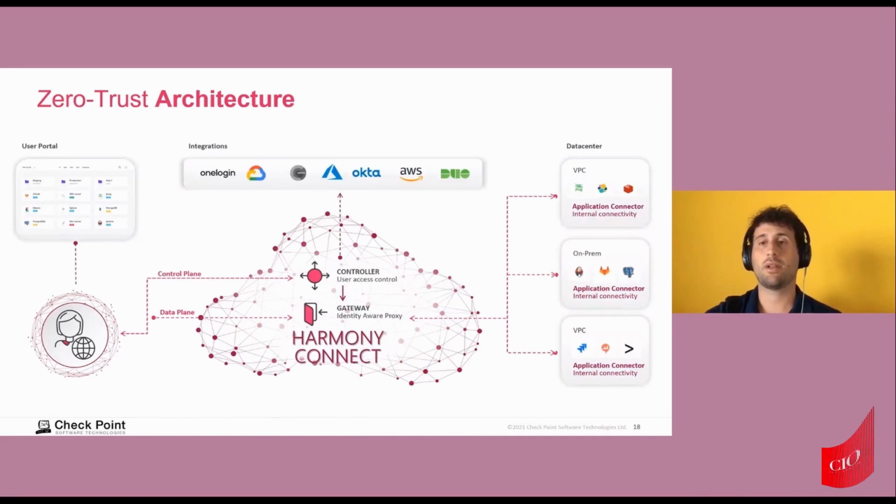So there's no need for any inbound ports open, only one outbound connection going from the site toward the data plane, really reducing the attack surface to the bare minimum for connectivity. Then when a user tries to authenticate, he only accesses the control plane, so those components are completely separated. We understand who the user is.